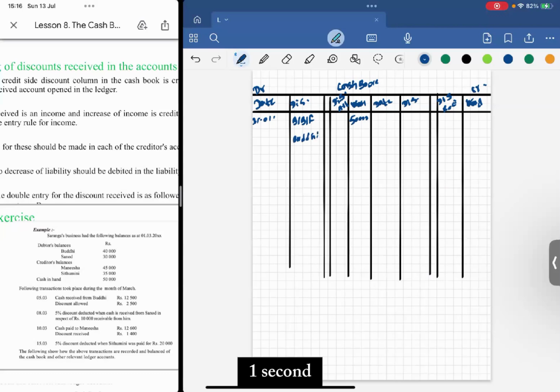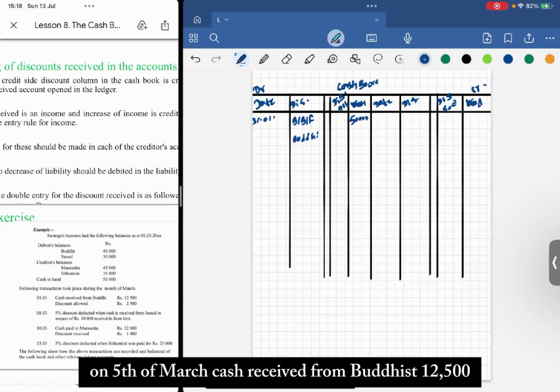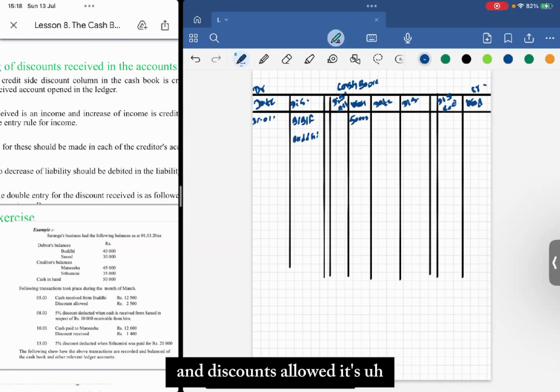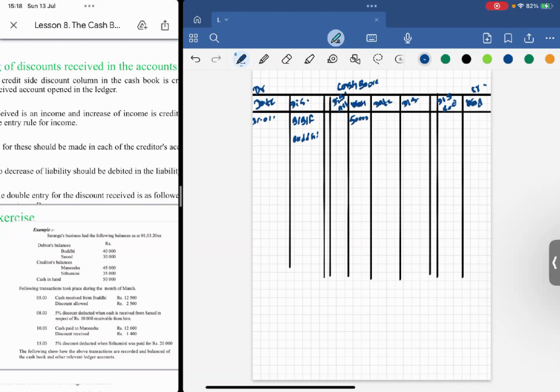On 5th of March, cash received from Buddhi is 12,500 and discounts allowed is 2,500.